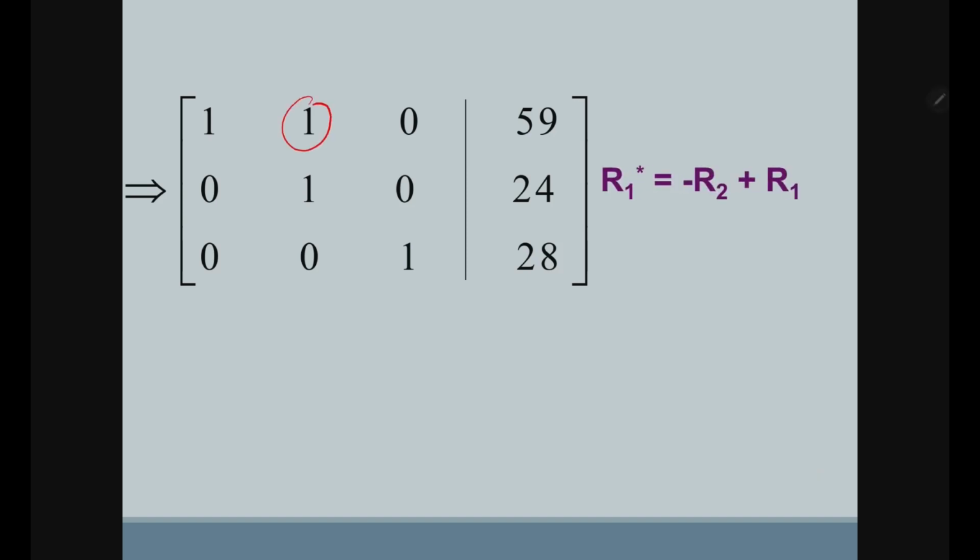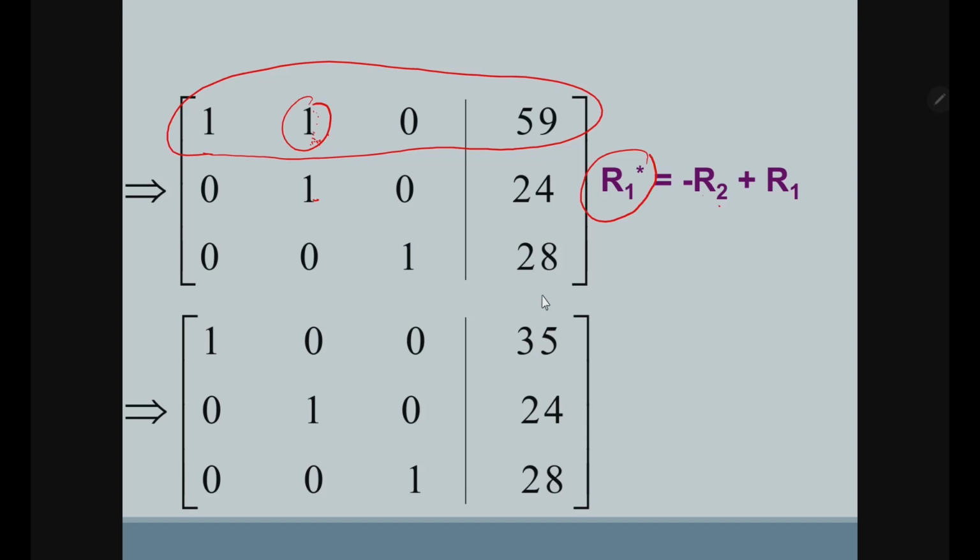We need to make sure the first row here must be reduced to 0 by using the formula for the new row of R1. This R1, we want to change here to 0. So negative R2 plus R1 equal to 0. This formula is applied to all the elements in the first row.